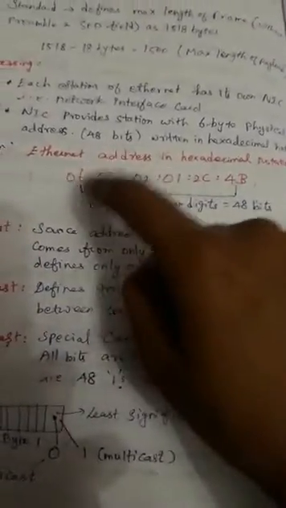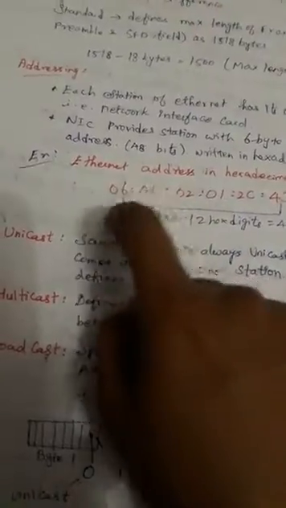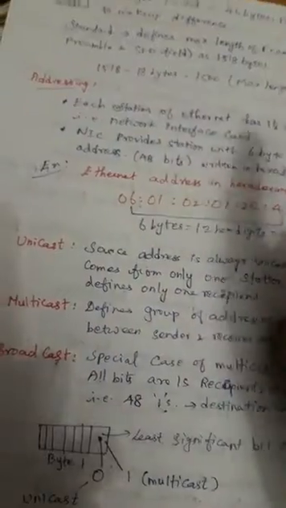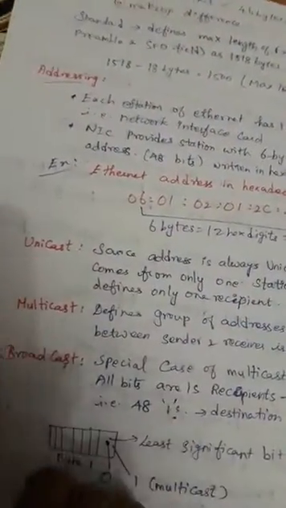If we get 0 for the least significant bit of the first byte in the address, then it is called unicast. For example, if we have 07, when we convert into binary, we will have the remainder 1, so it is a multicast address.